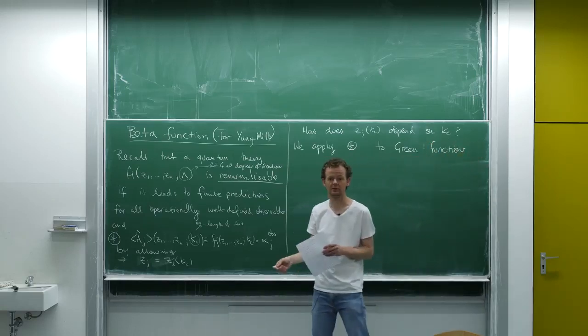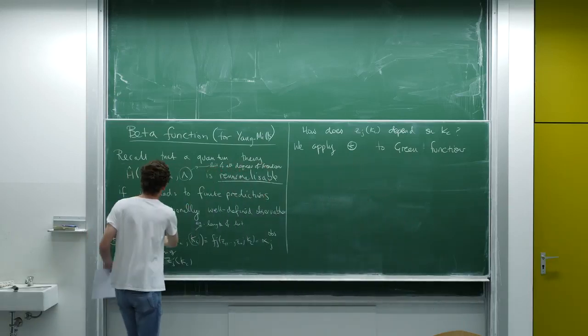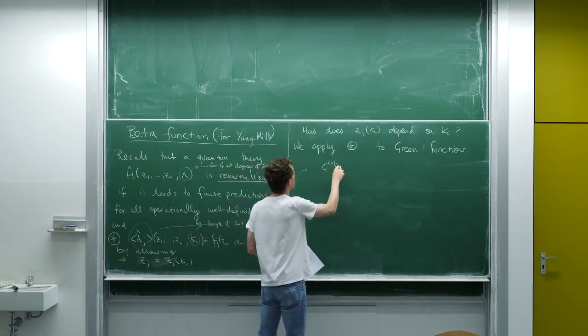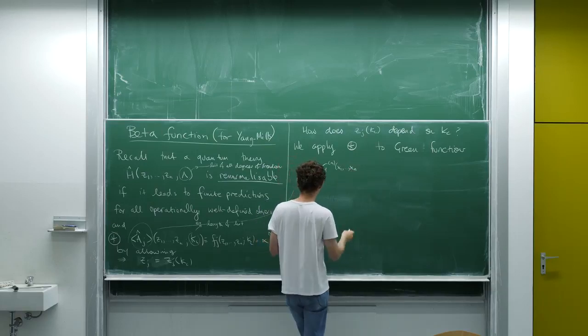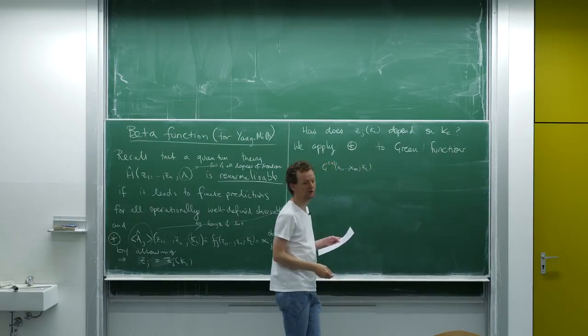That's our task for today. So in place of this, I'm going to write down the Green function that you get for n, I guess m now, field operators.